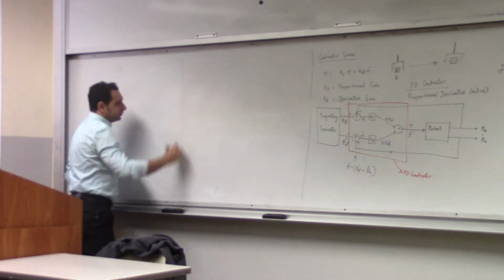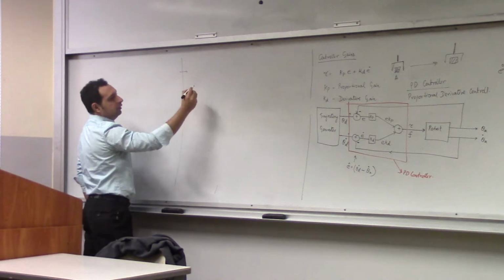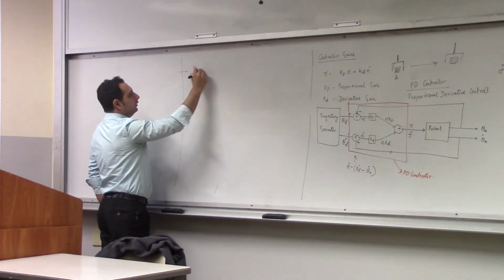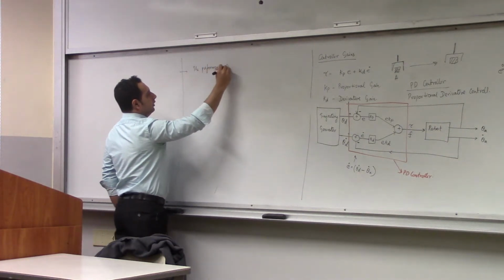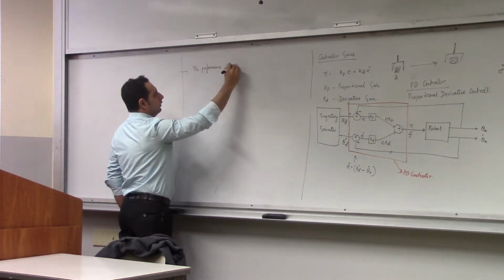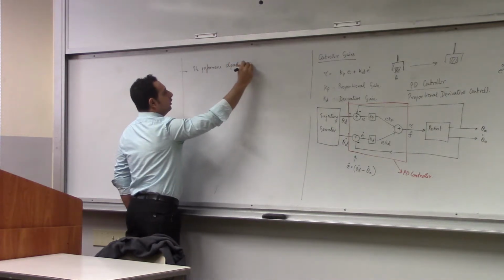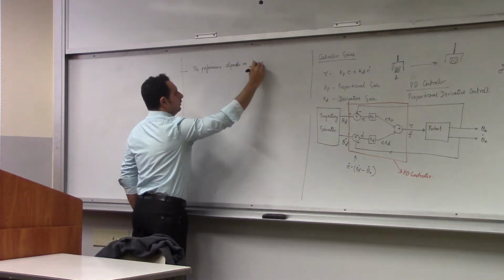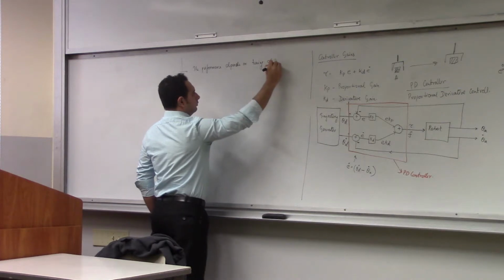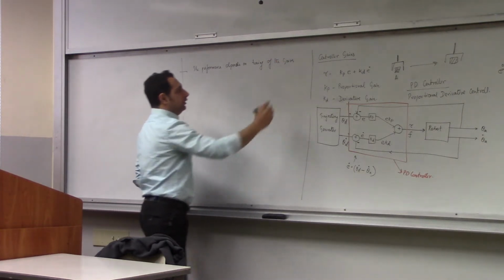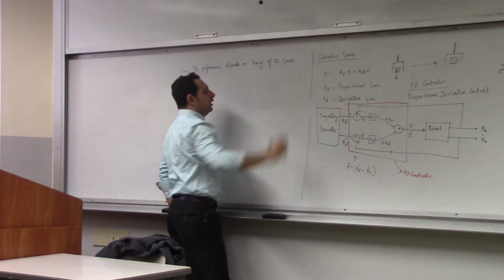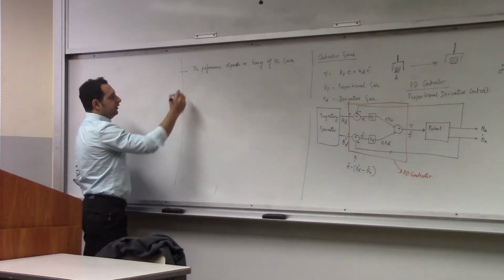So in this case, the performance depends on tuning of the gains. Okay. If the gains are well tuned, then you will have a very smooth performance, but that is limited to a given trajectory.